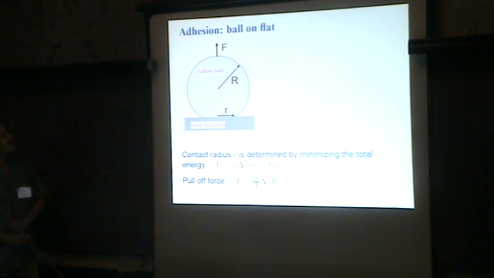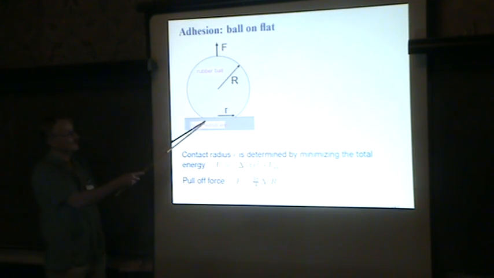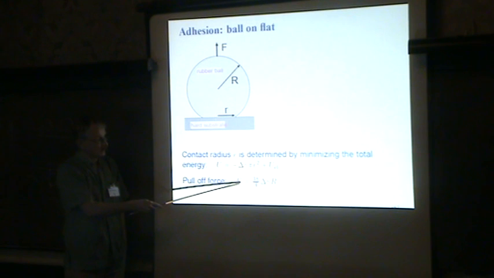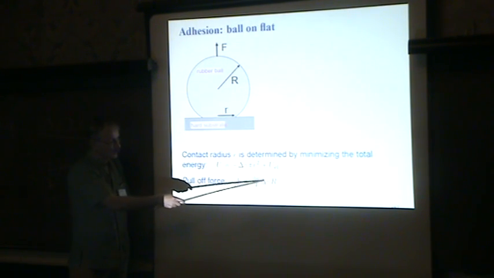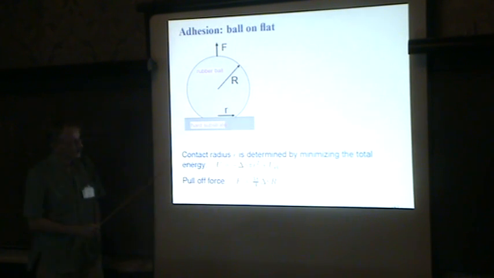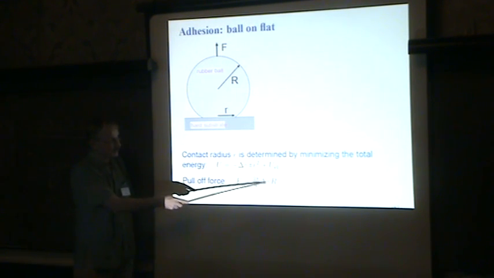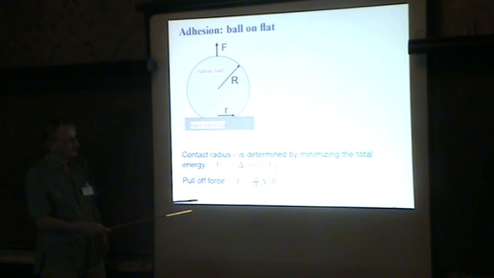So the most fundamental adhesion problem, or the most well-defined adhesion problem, is a sphere in contact with a flat surface. And for that case, I told you yesterday, there is this very famous JKR result that the pull-off force is proportional to the radius and proportional to the interface binding energy per unit area for smooth surfaces or flat surfaces.